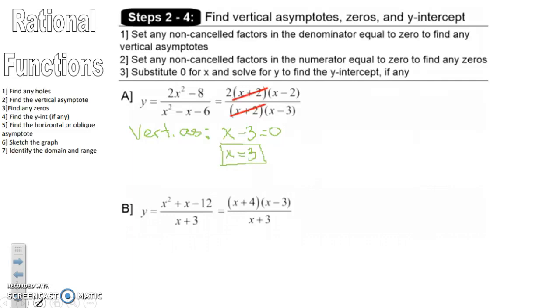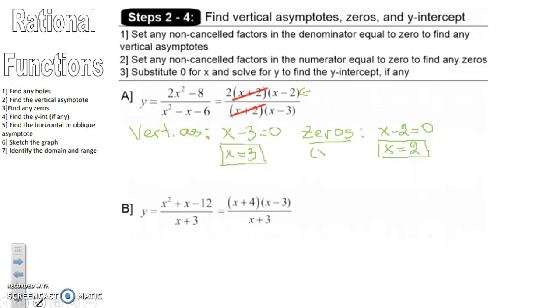Part 2 is to set any non-cancelled factors in the numerator equal to 0. Take anything at the top and set it equal to 0 to find your zeros. X minus 2 is equal to 0. That gives you x is equal to 2. Please note that this x equals 2 is only a point.